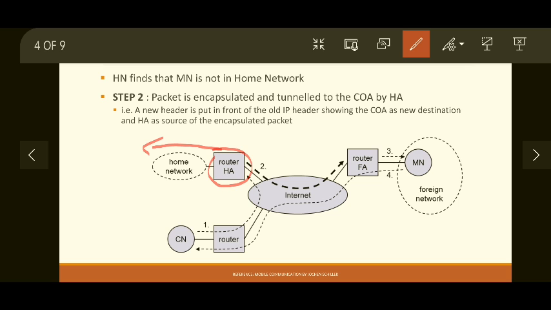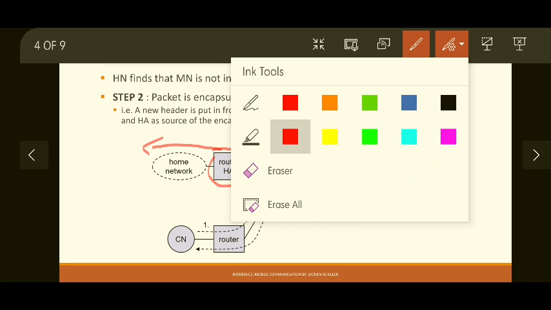For that, it tries to find the node within that network which belongs to the IP address of the destination address mentioned in the packet. But it finds out that this node is not present in the network. So what will it do? It realizes that this node has moved to some other location, and that location has a foreign agent. So it will forward that packet through the internet to a foreign agent as shown in the diagram.